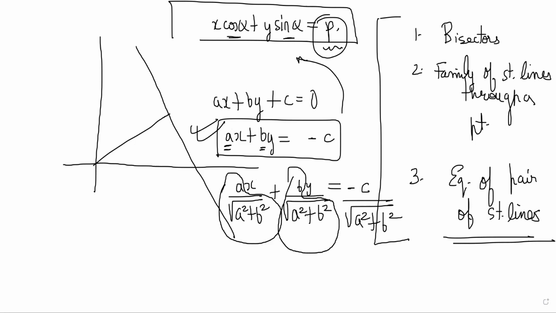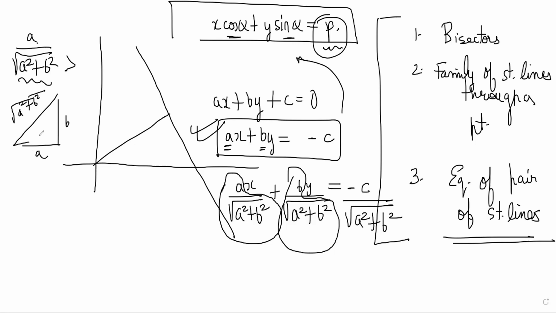But what makes a square plus b square so special to do that? Because root over a square plus b square is the hypotenuse of a triangle where a is like this and b is like this. This is bigger than a, and this is bigger than b also. So you're dividing by something bigger, making the thing less than 1 so that you can say it is cos.